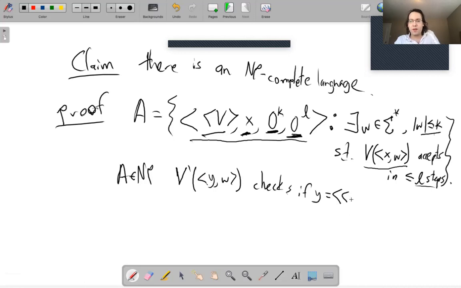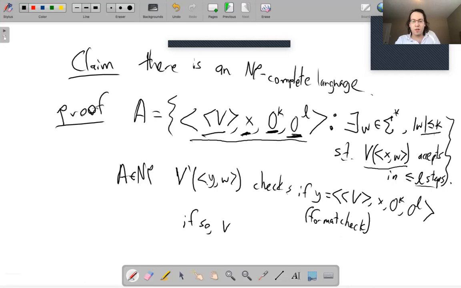So it needs to check that the Y part of the input really has the right format. So this is a format check. Format checks are generally efficient, they're polynomial time things. And then if so, V prime runs V of X, W for L steps.